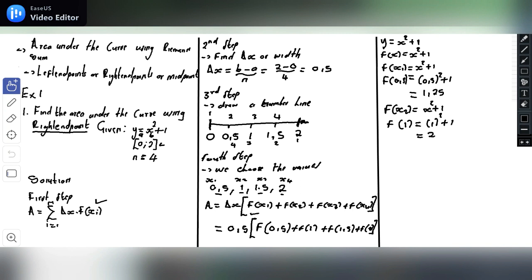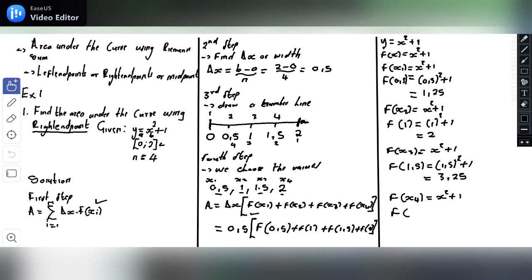Can you guys see it? Then now we come to f of x3. f of x3 equals x squared plus 1. Therefore, x3 is given by 1.5. Therefore, we're going to have 1.5 squared plus 1, which is going to give us 3.25. Therefore, the last one, f of x4, which is x squared plus 1.